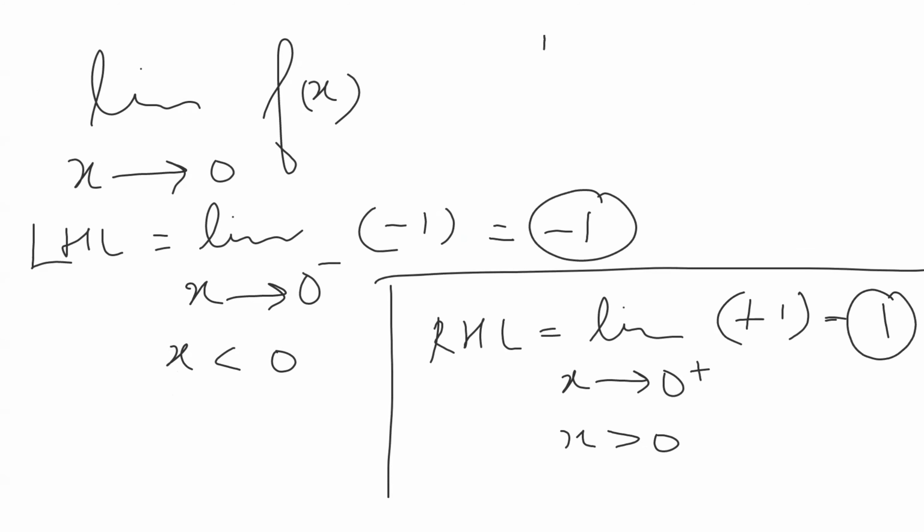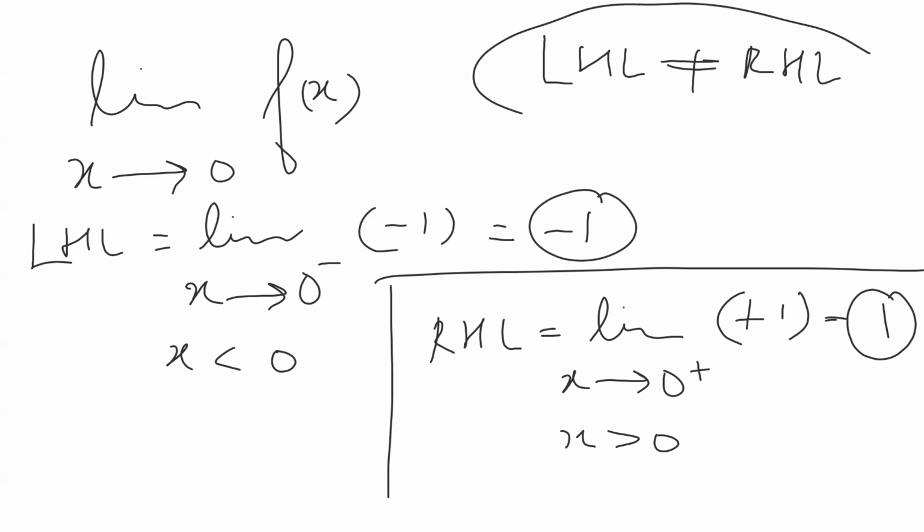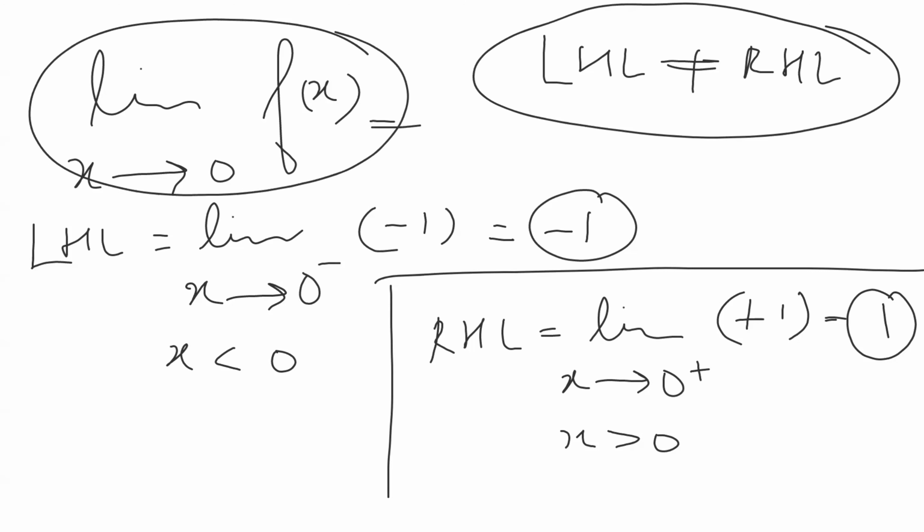So LHL is not equal to RHL. In this case, this particular limit of this particular function will not exist. They are asking us to find the value of this, but we'll comment that it does not exist because LHL is not equal to RHL.